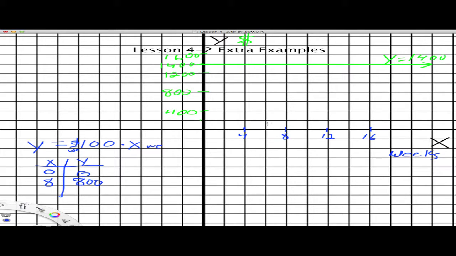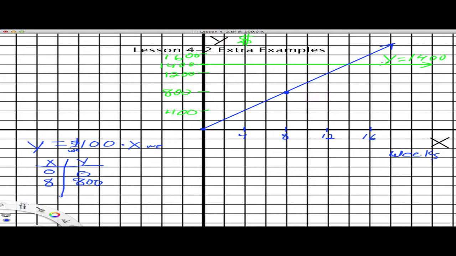We have this point at 0, 0. We have one at 800. And now we have enough information to draw a line and see what happens with that. So we're going to extend our line on up. We're going to assume, maybe like Ricky does, that he can spend forever.